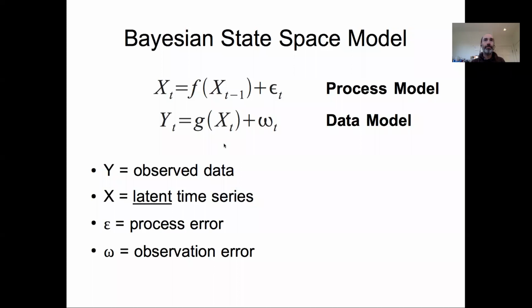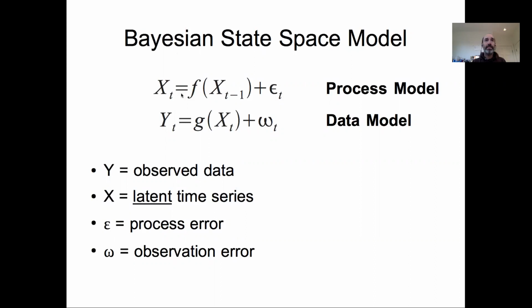But before I do that, I just want to remind you of the basic framework of the state space model. We have a process model that predicts how the state of the system X evolves through time. So it's dynamic. X of t is some function of X of t in the past, and possibly with potential lags, plus some process error.